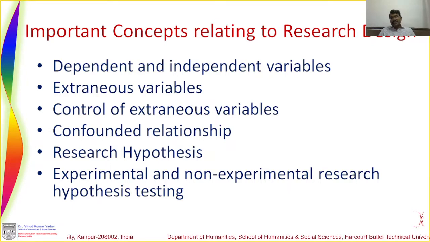For example, the result of the semester is dependent on your performance in examination. So your hard work may be independent, but the semester result is dependent on your hard work.